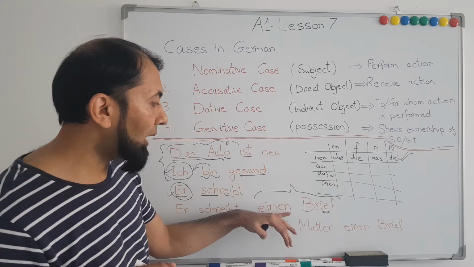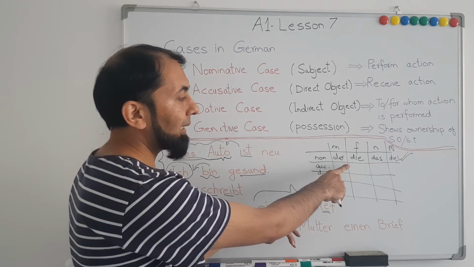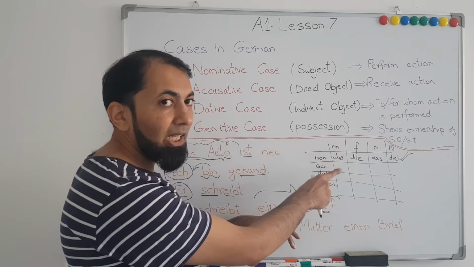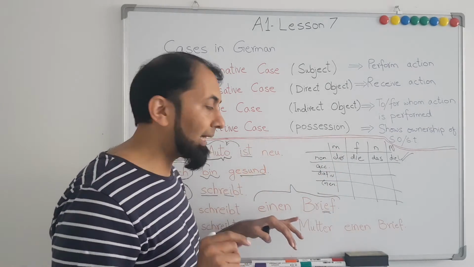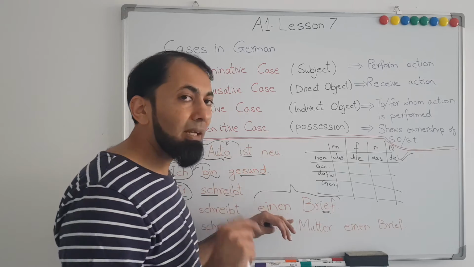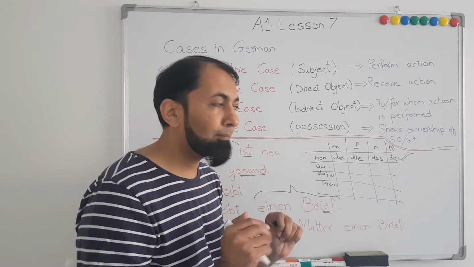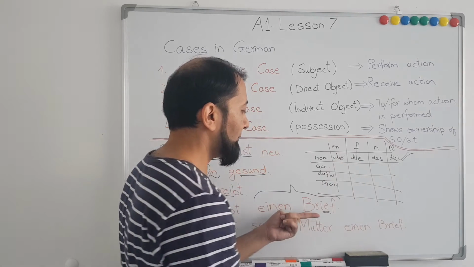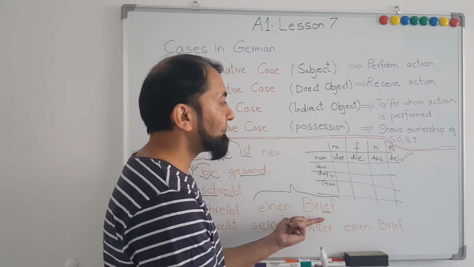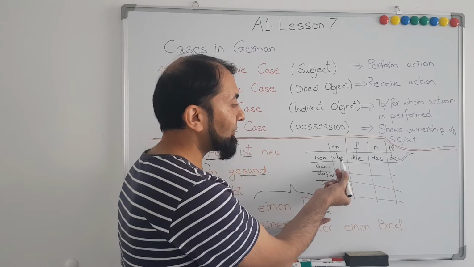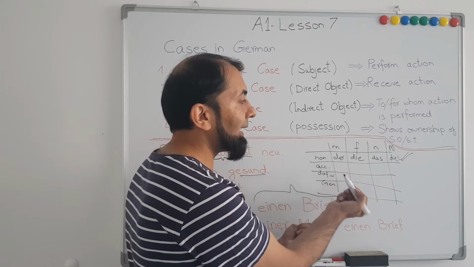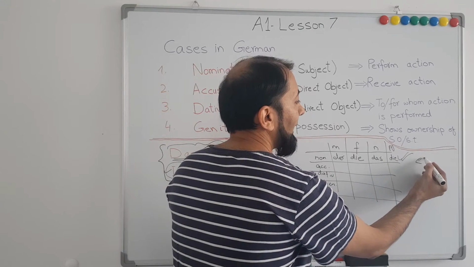And we saw earlier that the articles will change, both definite and indefinite. When we learned the articles, we learned that in case of masculine noun, which is here "Brief", the definite article is "der" and the indefinite article is "ein".